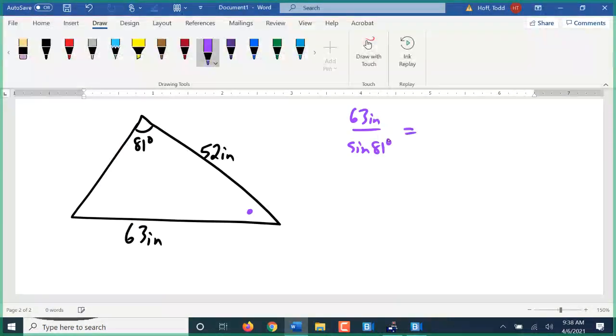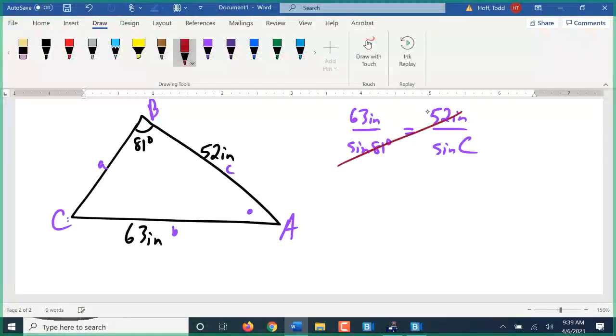That has to be equal to, now I'm going to label my angles here. I'm just going to go around ABC, so this will be side little a, little b, little c. It's going to be the 52 inches over the sine of angle C over here. So I can cross multiply and divide.